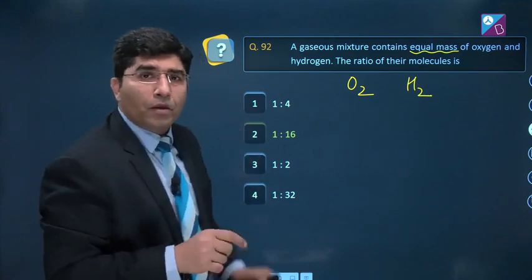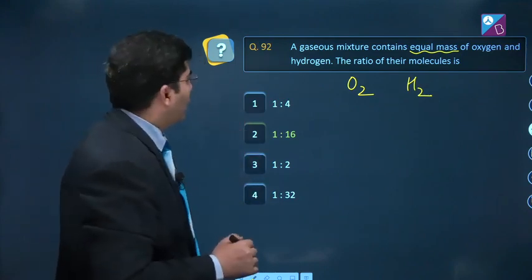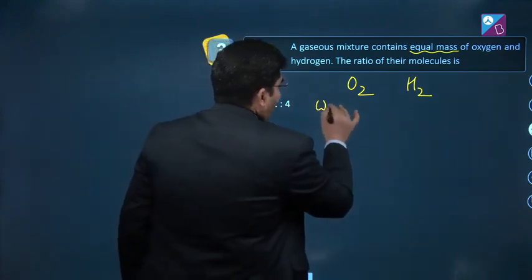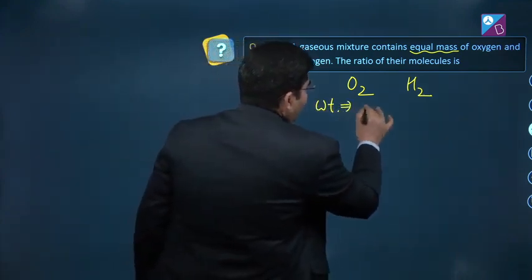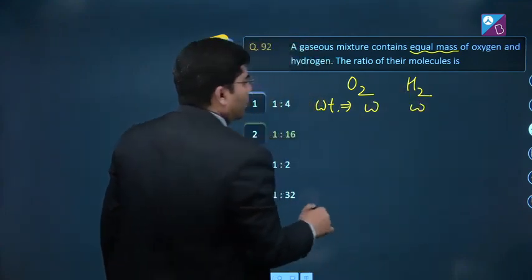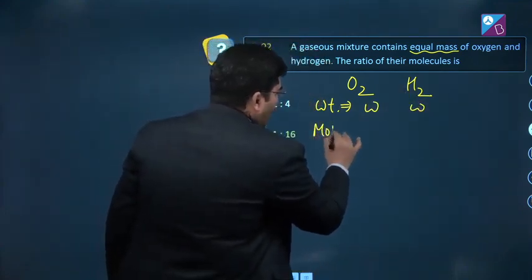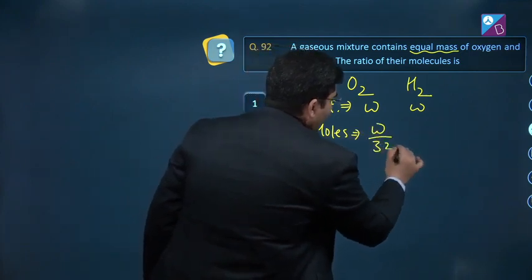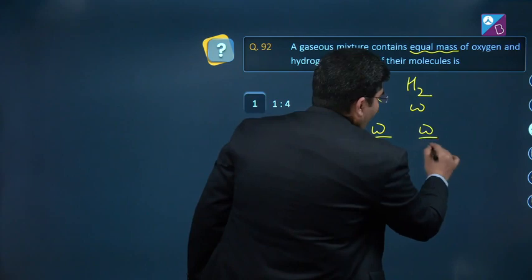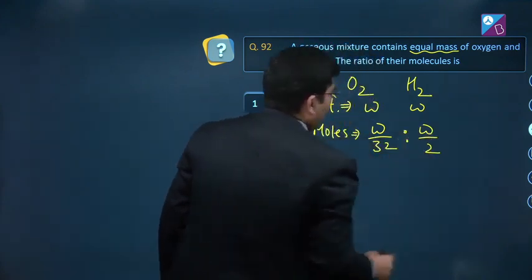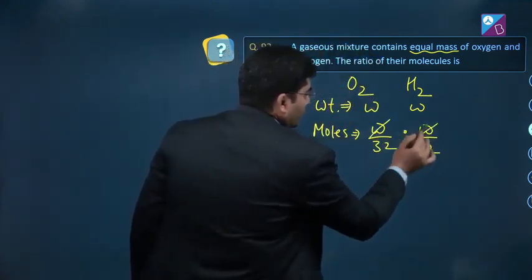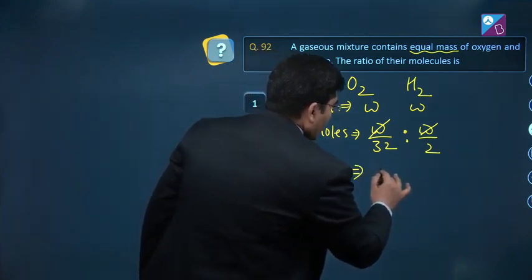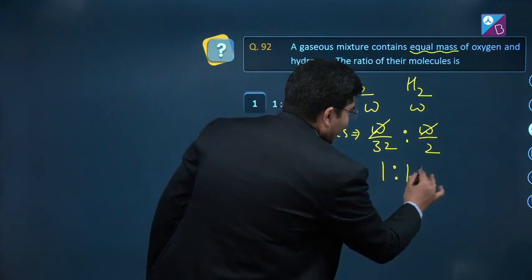आ रहा है समझ? आप ही से बात कर रहा हूं मैं। ओके, सामने आओ, देखो तो वेट की बात करते हैं। इसकी वेट मान लेते हैं इसका W है, इसका भी W लेना पड़ेगा हमको। मोल्स की बात करें तो जो मोल्स होंगे गिवन वेट अपॉन मोलर मास, ओके 32, गिवन वेट अपॉन मोलर मास, तो इसका रेशियो आ गया। अब ये क्या हुआ, ये तो कैंसिल हो गए, एंड दिस विल बी 1:16.